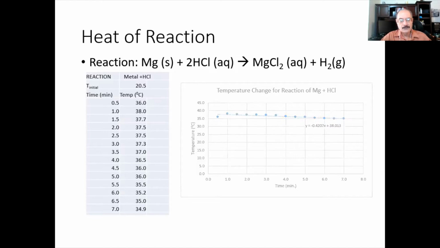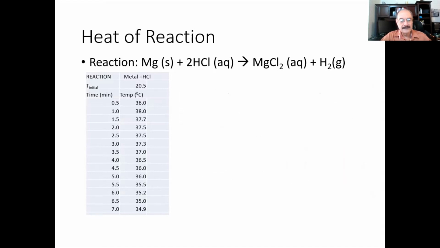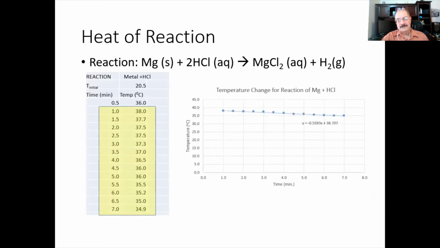What we're going to do is use only the data that starts at the higher temperature in the trend. So we're going to discard that data point at 30 seconds, and we're going to run a graph starting at 1 minute.